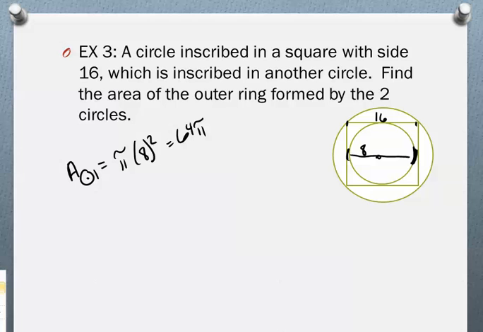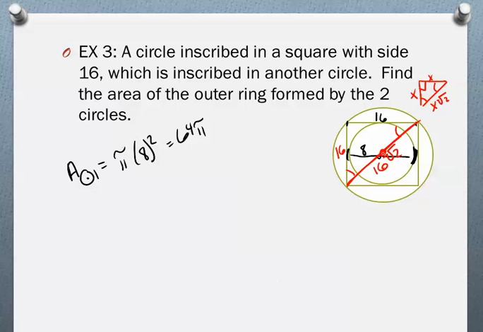Since the square is inscribed in here, and with a square it's 90, a line can be drawn to create 45, 45. So if this is 16, the length right here will be 16 square root of 2. Again, thinking back to the ratios of our 45, 45, 90s.